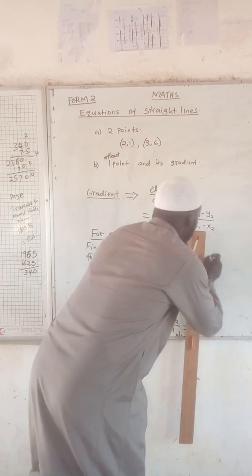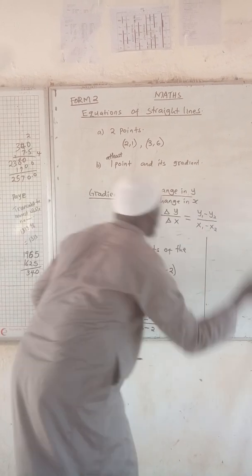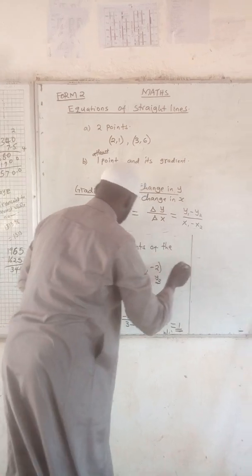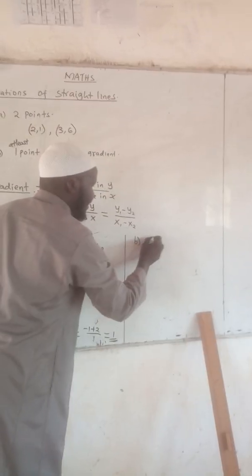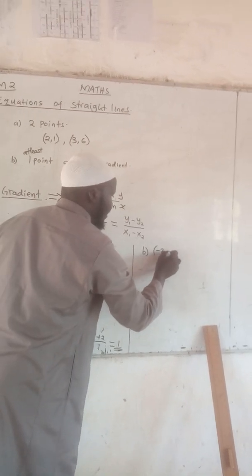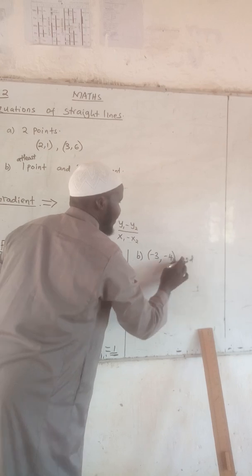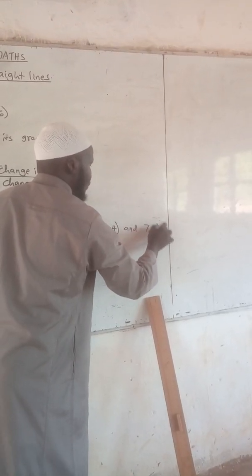Now, let's also consider the last example before we come to equations of straight lines. It can be -3, -4, and 7, 2.